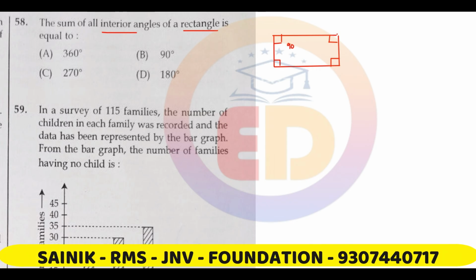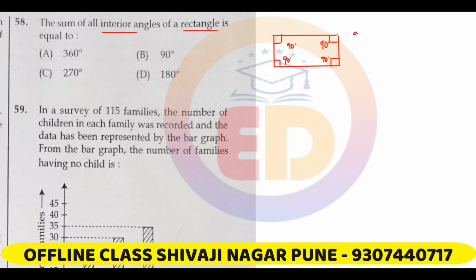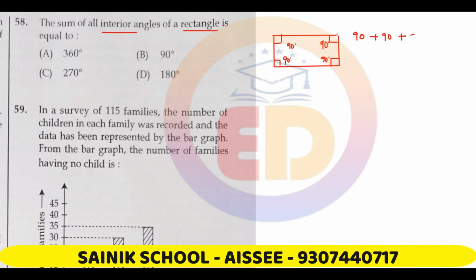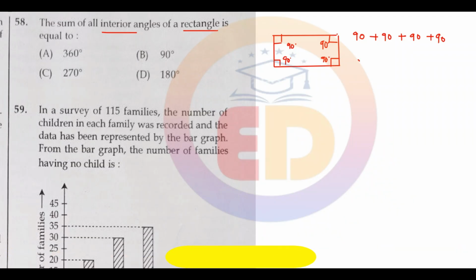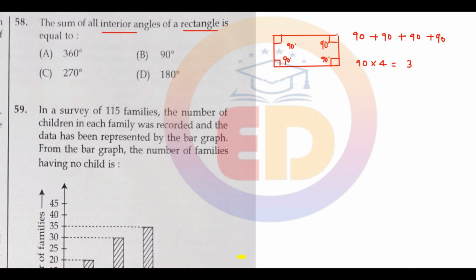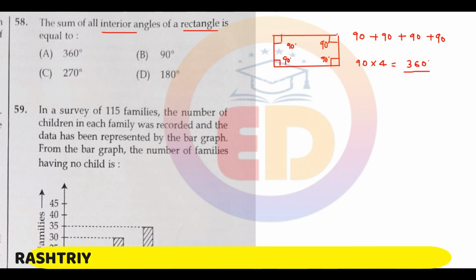So if every angle is 90, then all the interior angles will be 90 plus 90 plus 90 plus 90, which is 4 times 90. Answer is 360. We have covered this question in the geometry video. Answer is option A.